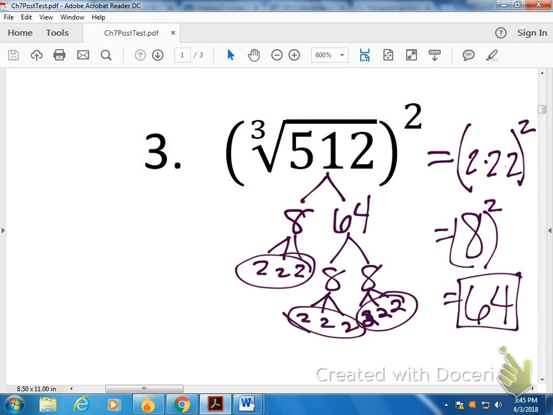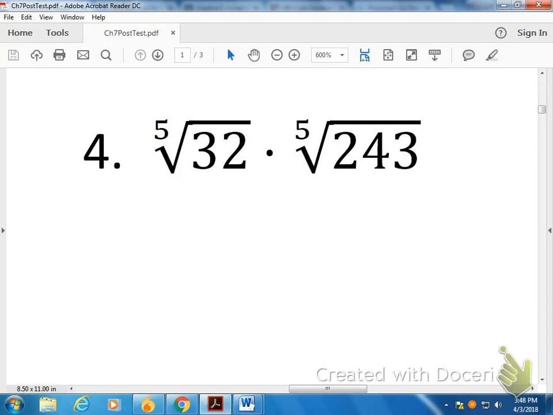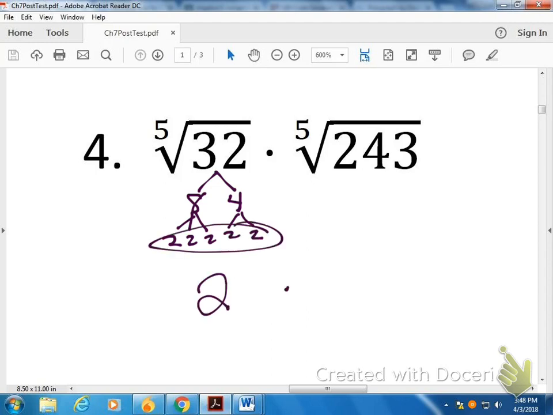We're looking at 64. So one of the things we need to memorize is that the fifth root of 32, or if you didn't, 32 breaks up into 8 and 4, which breaks up into 5 2s. So the fifth root of 32 is actually a solid integer, 2.